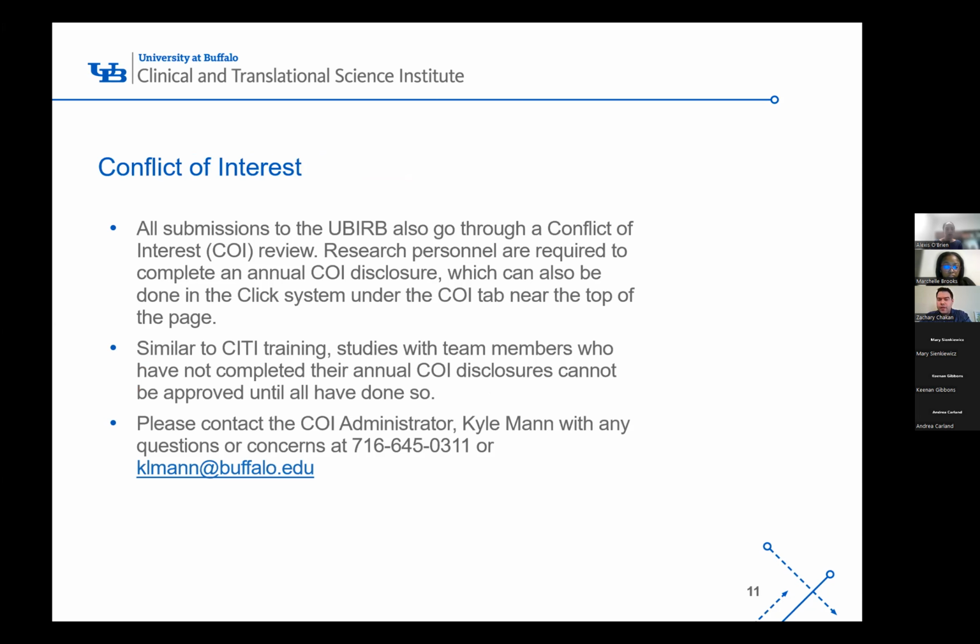There's also conflict of interest, which works a little bit with our office. It's similar to what I didn't mention in the last slide: with research training requirements, we can't approve your study until all of the training courses and all the conflict of interest requirements are complete.